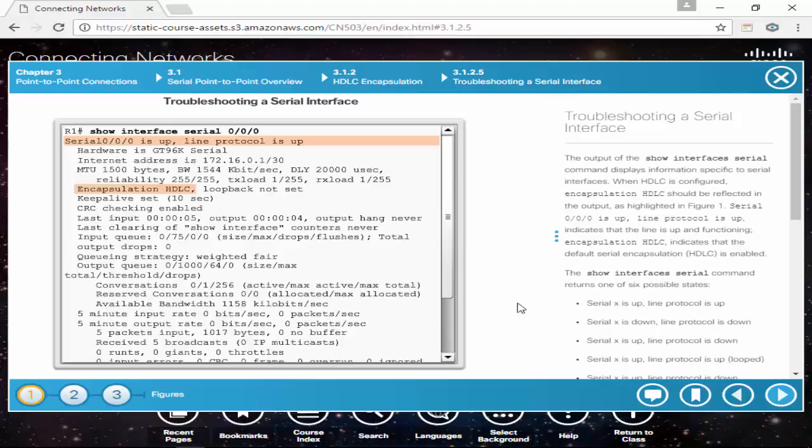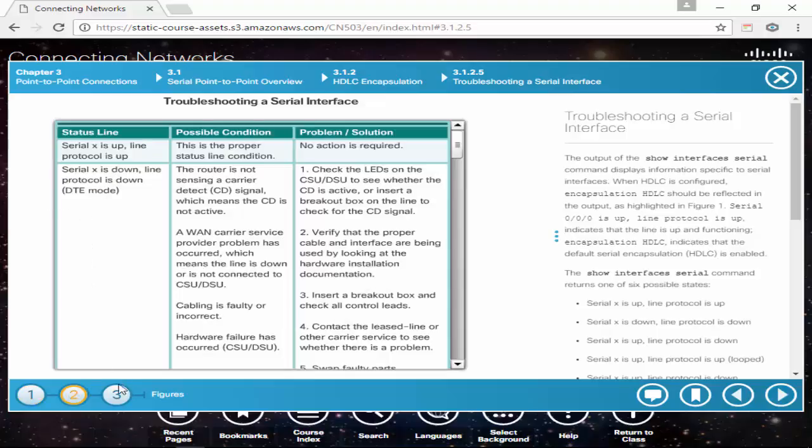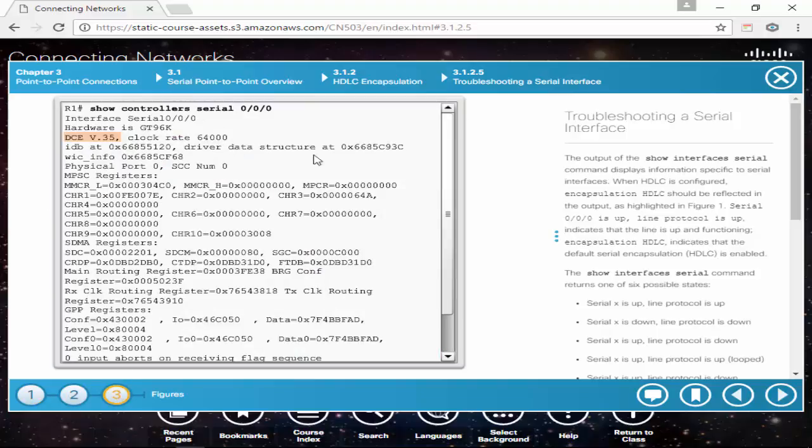Troubleshooting the serial, two commands. I usually don't do show interface serial. It doesn't show us a lot. I guess it shows us our encapsulation and the protocols, which are important. But show controllers, I do this one; it's a huge page. And if you do show controllers without the interface, it does all of them.